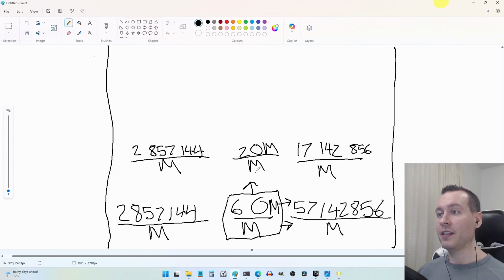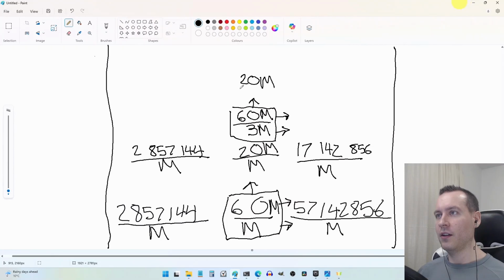So 20 million over 1 million is the same value as 60 million over 3 million because we multiplied both the numerator and the denominator. Then we want this to split 2/3 to the right, and the remaining third will go up. So the remaining third will be 20 million on the input over 3 million.